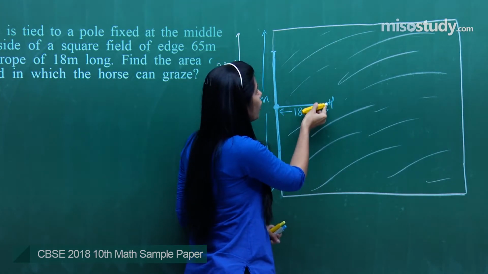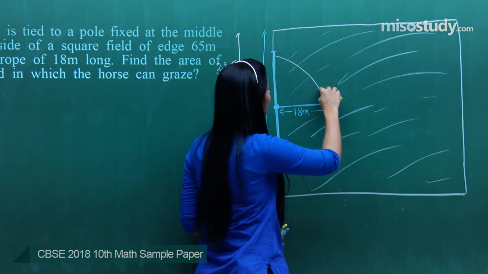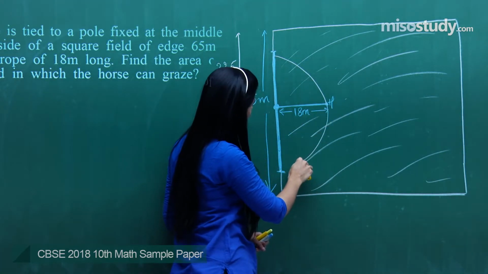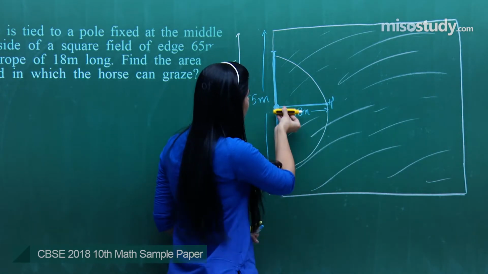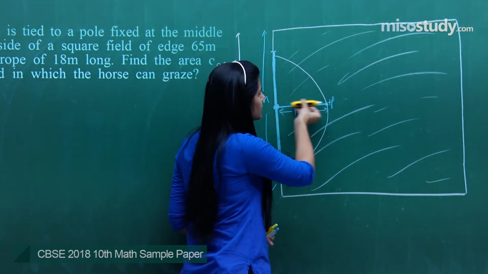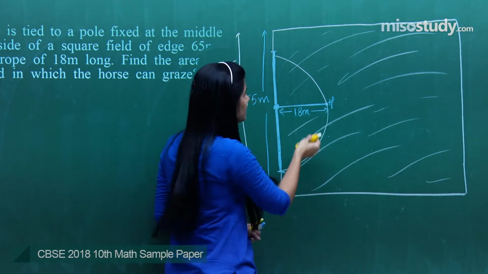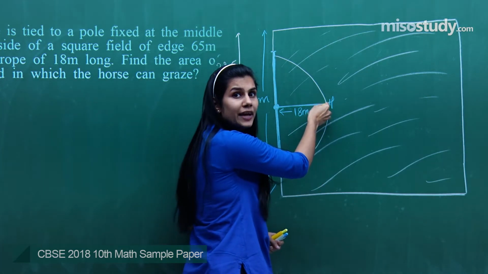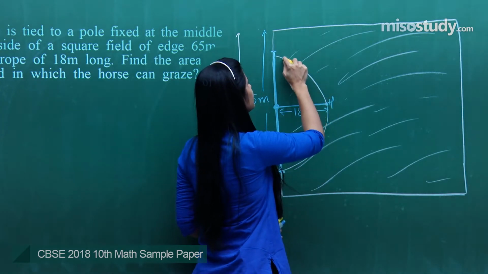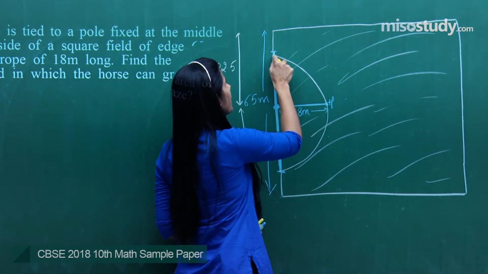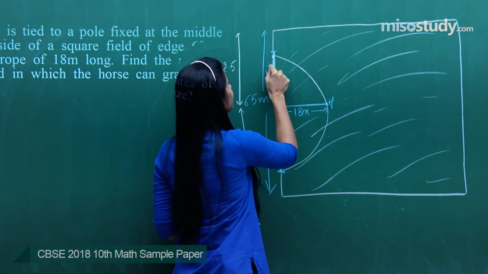And if it keeps on moving 18 meters far, isn't this the thing which is going to be covered? What I'm trying to say is, if the length of the rope is at its maximum, with that maximum length rope, the horse can move like this, like this, like this, and come over here when this point from here is 18.